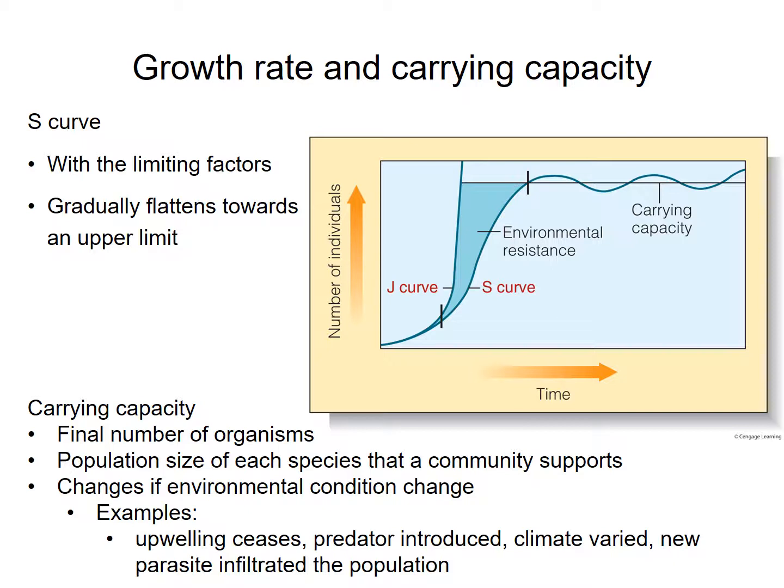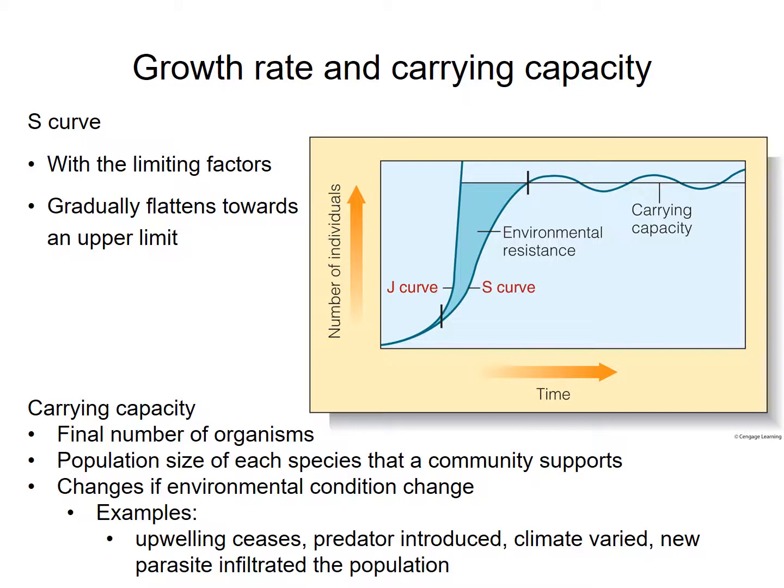Environmental resistance causes the actual population growth curve to be lower than the maximum potential growth curve. So this figure shows the growth rate in number of individuals over time for both potential and actual situations.